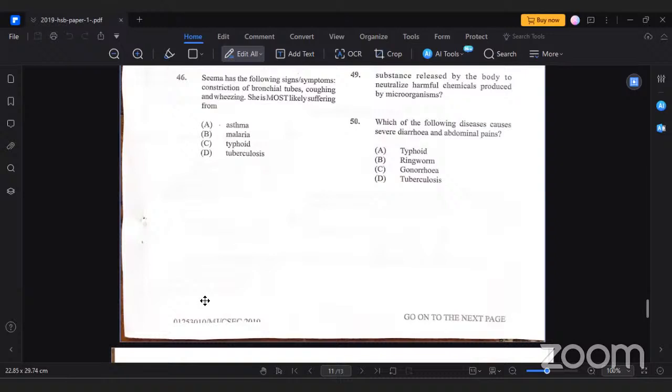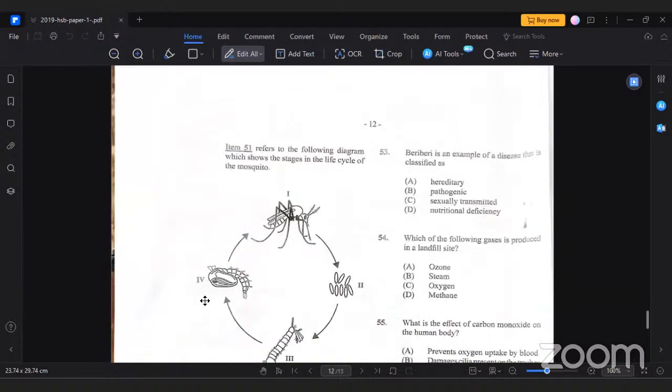Not sure? No problem, as long as you try. C, gonorrhea, no more answers. The answer indeed is typhoid. You can also go and do some research.